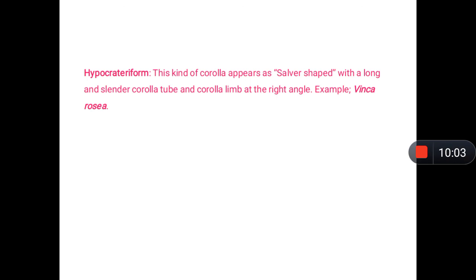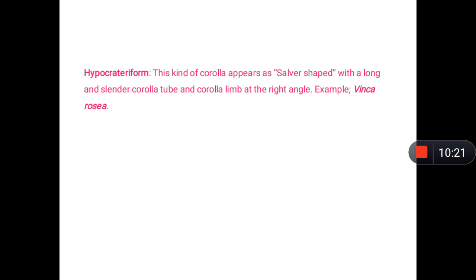Other forms of regular gamopetalous: hypocrateriform. This kind of corolla appears salver shaped, with a long and slender corolla tube and the corolla limb at a right angle.